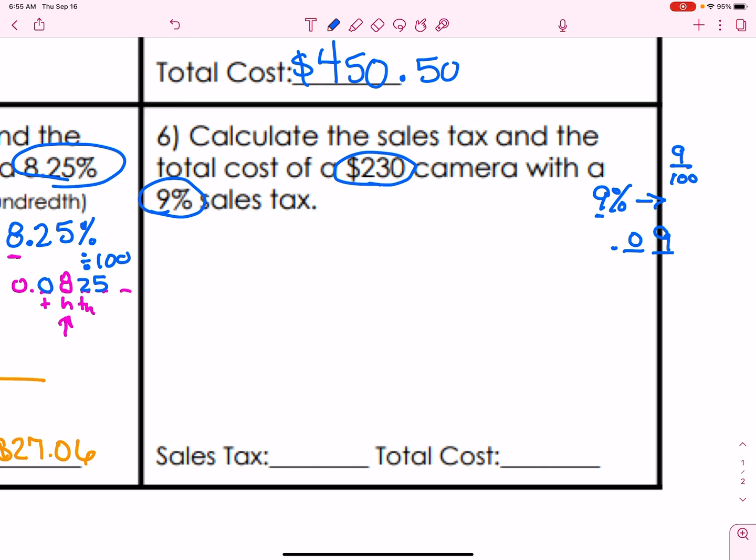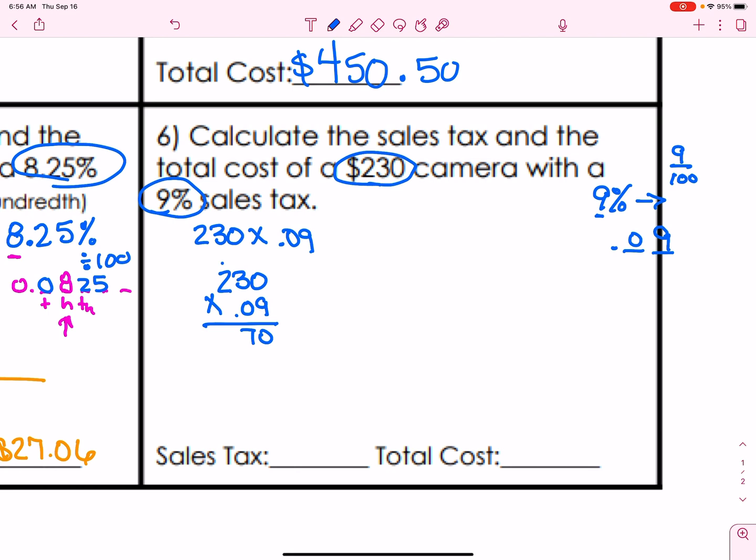So the first thing we're going to do is multiply $230 times our tax. 230 has more digits, so I'm going to put that on top. 230 times 0.09, and we do not line up our decimals when we multiply. So 9 times 0, 0, 9 times 3 is 27.